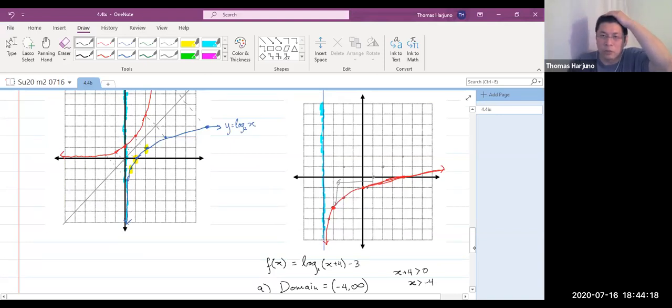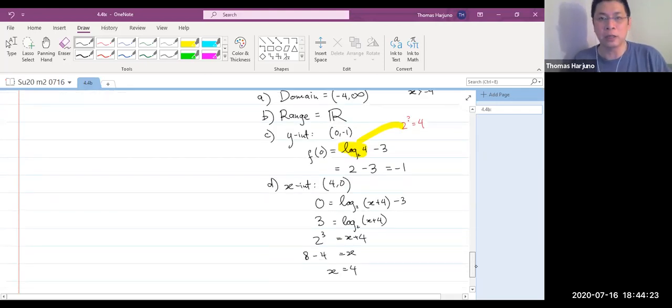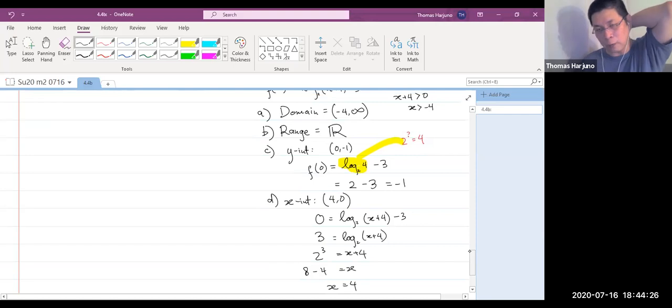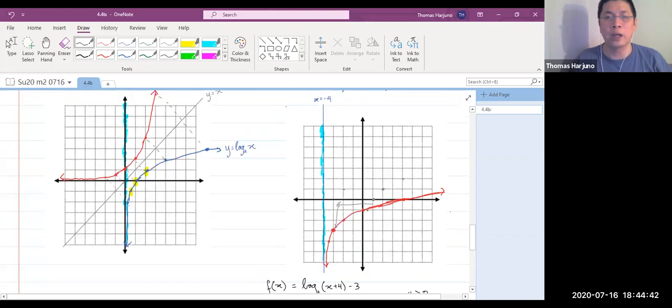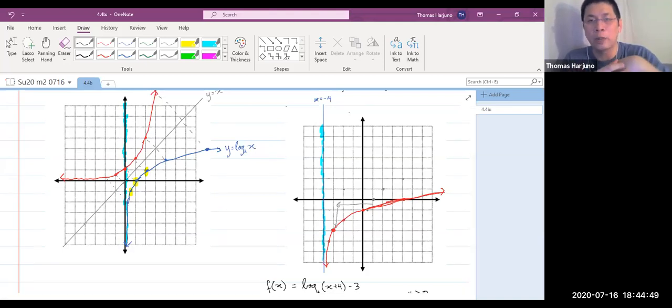Since we did the graphing by transformation earlier, you can see what we did in ABCD here basically confirms our intuition that helped us graph the function earlier. Now finally part E, let me write it here. How about the vertical asymptote? You will see the vertical asymptote is the place where the argument becomes 0.